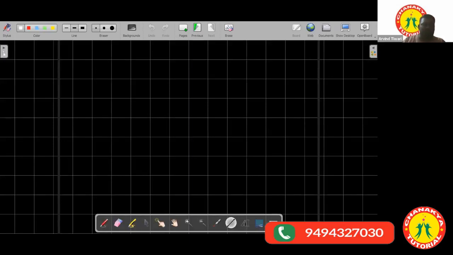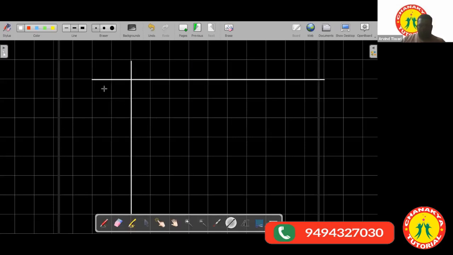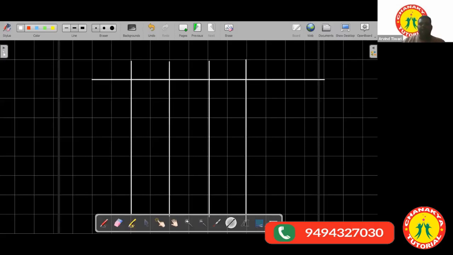So let's list out all of them. We will have the placement of the object, so we write here object position, and here we write characteristics.